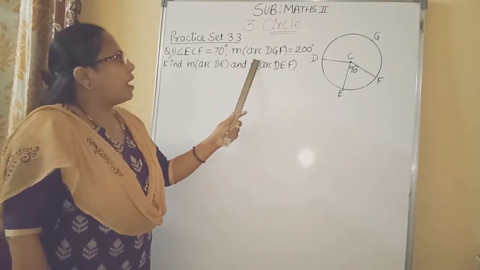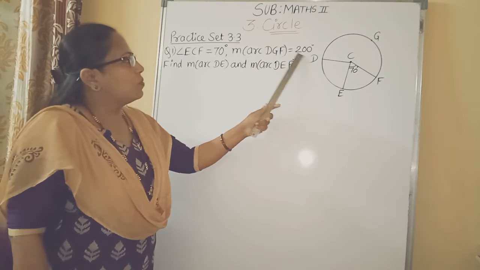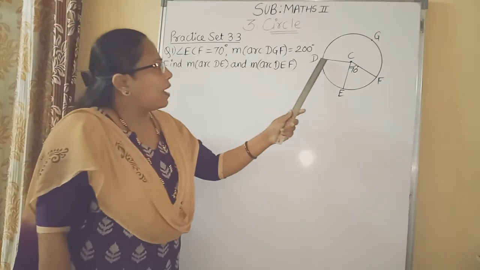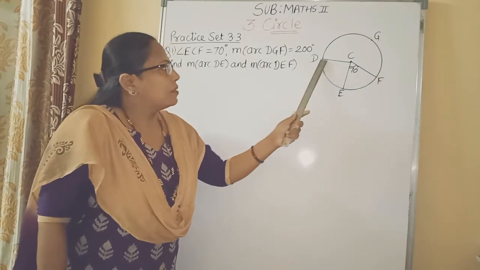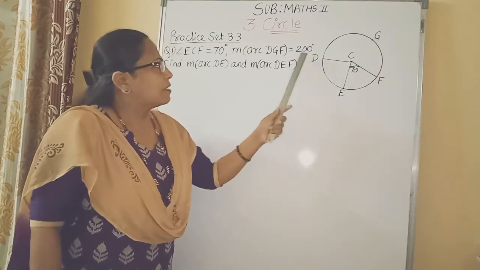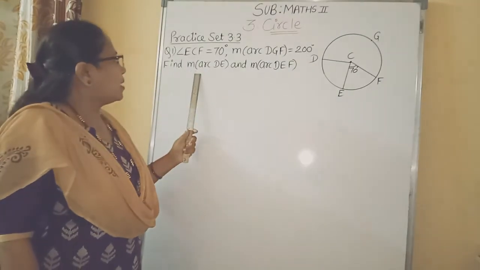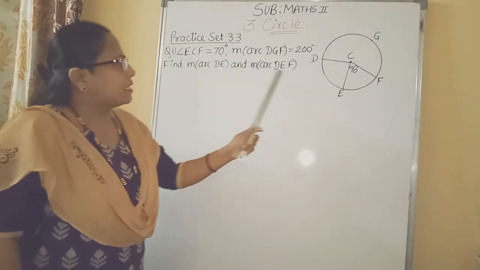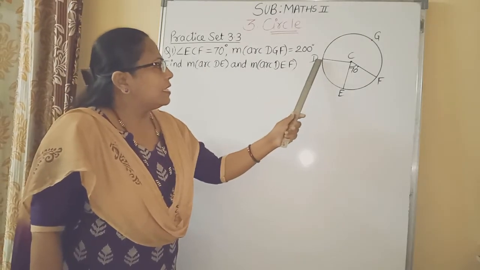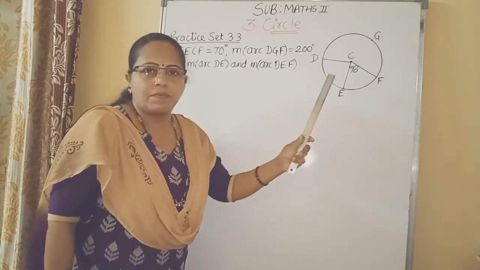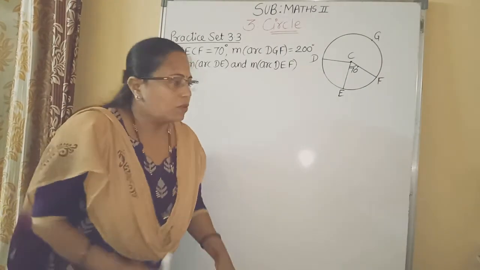And measure of arc DGF is equal to 200 degree. So the measure of this major arc is equal to 200 degree. And we have to find out measure of arc DE and measure of arc DEF. Follow the question. Now let us start solution.